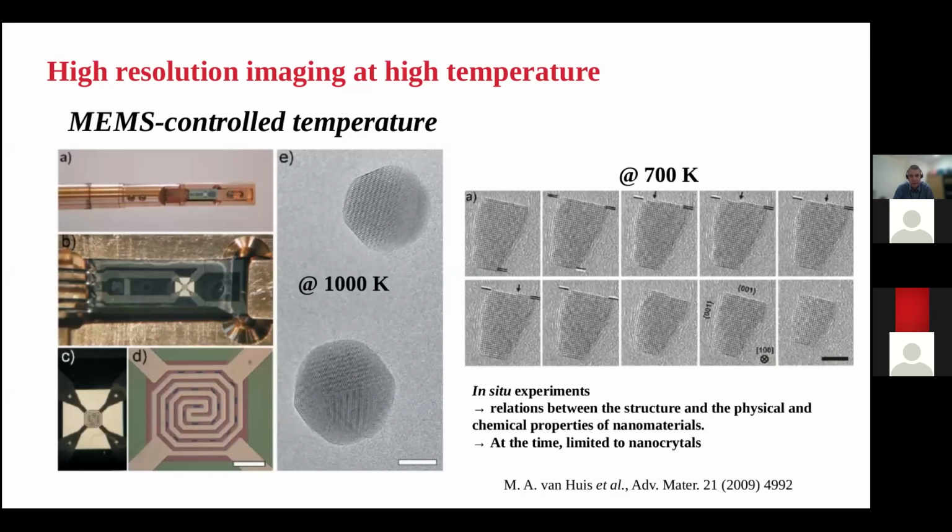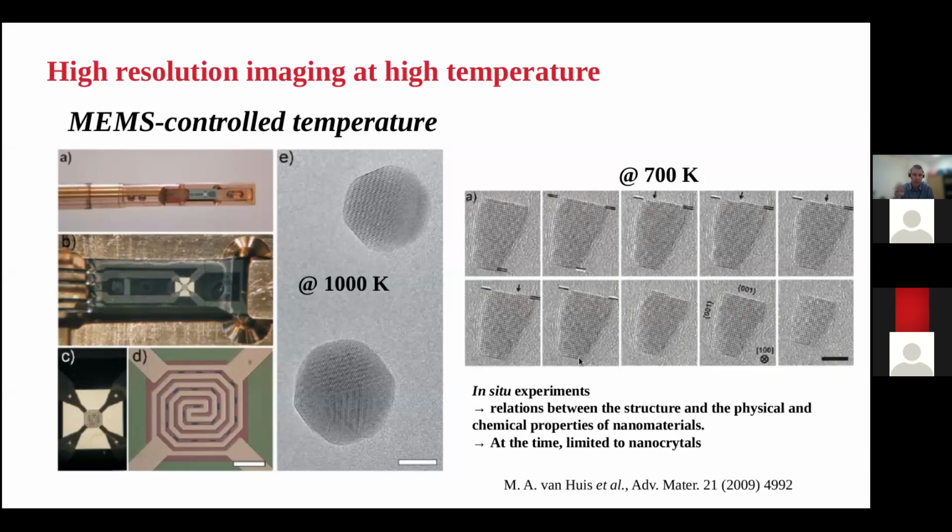Since then, people have been able to record images at high temperature, in that case at 700 Kelvin, and they could see the atomic growth of planes inside the platinum particle step by step. So you can really see the evolution of the atomic layer and the reconstruction of this layer at elevated temperature, something that was not possible before.